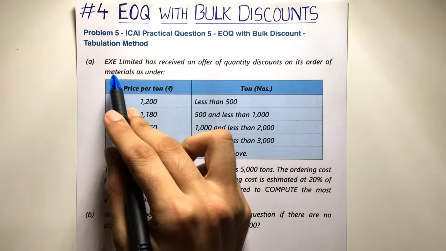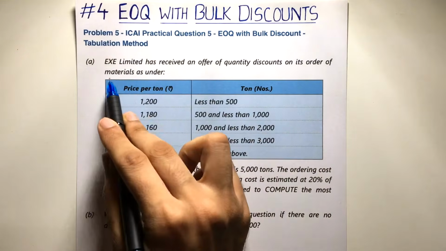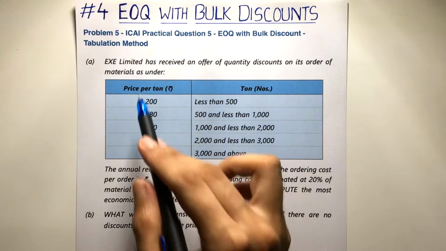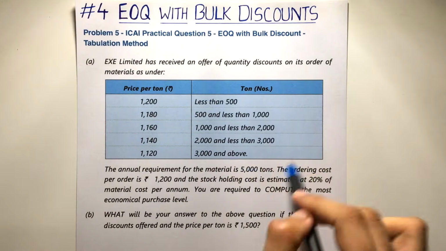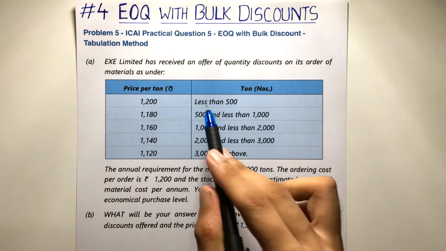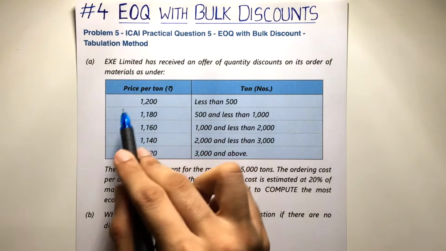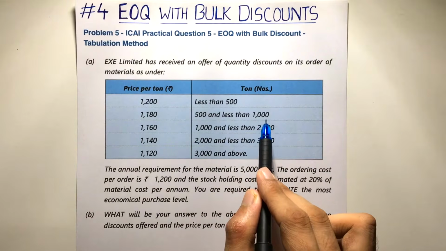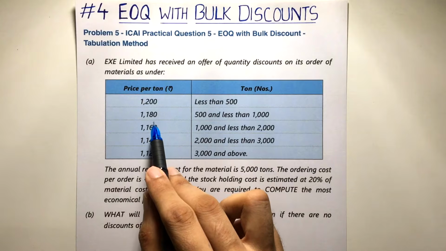Now see here, EXC Limited has received an offer of quantity discounts on its order of materials as under. So here we have been given the discount levels. In the first column here we have the prices per ton and then here the quantity. If we order less than 500, then from our supplier we are getting 1200 as the price per ton. But if we increase the quantity to 500 and less than 1000, then we'll be getting a price of 1180 per ton.